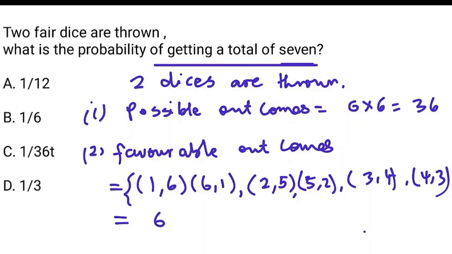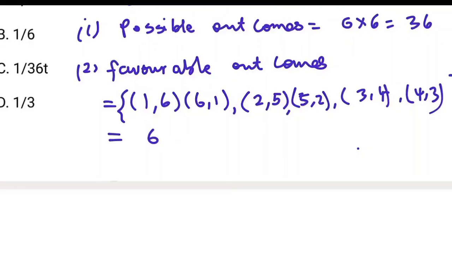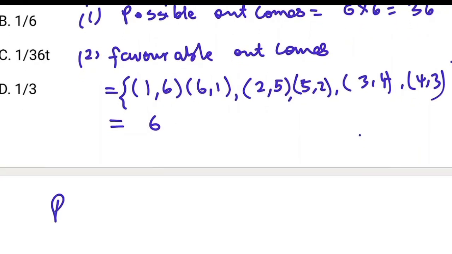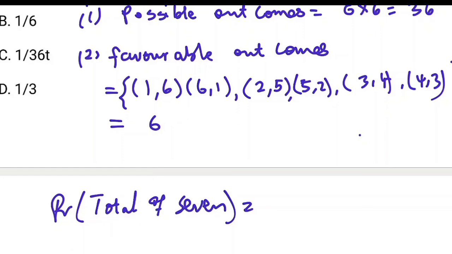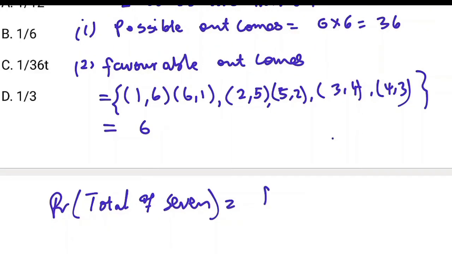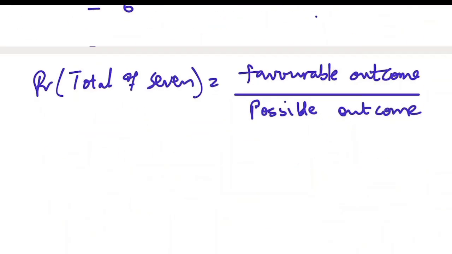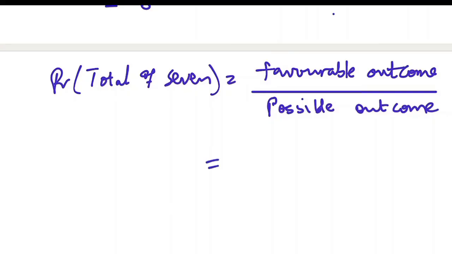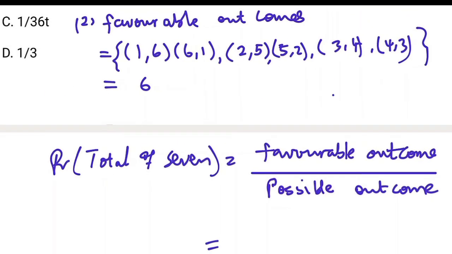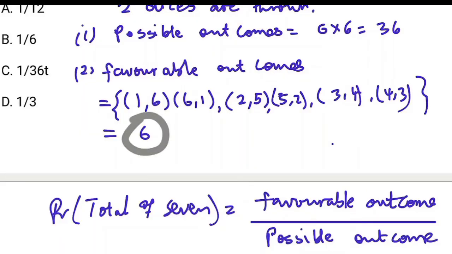So now the next thing we are going to do is to find the probability of having a total of 7. So to get the total of 7, the favorable outcome is 6, what we have here.